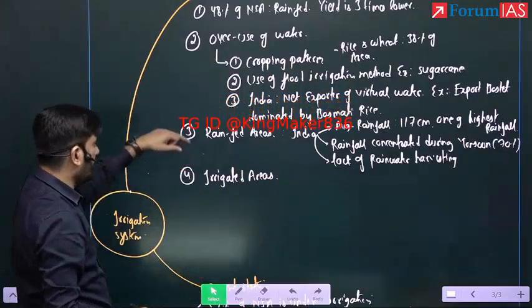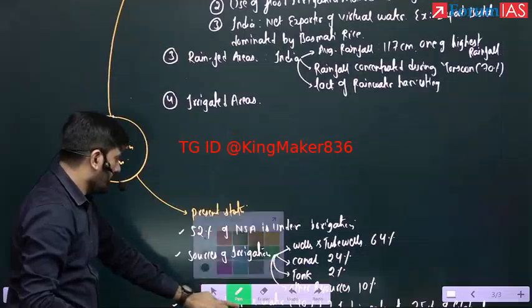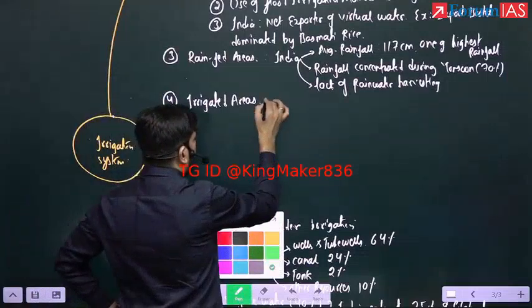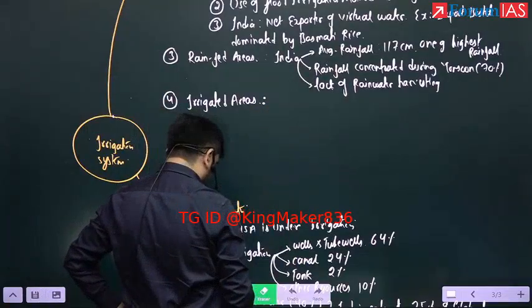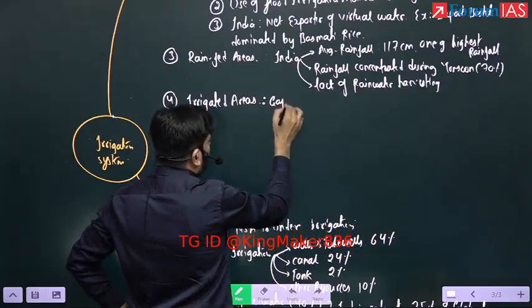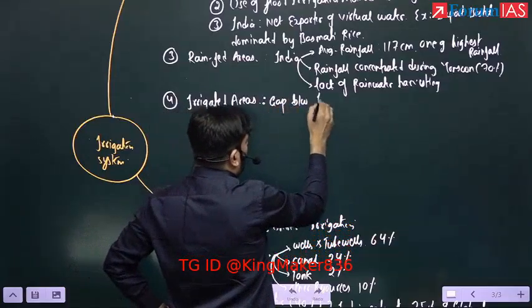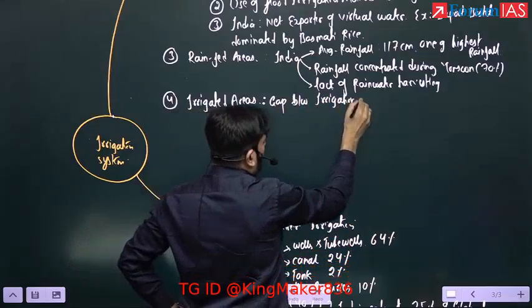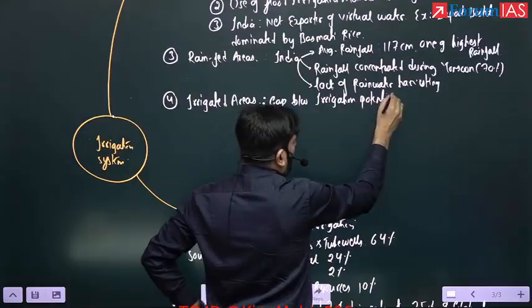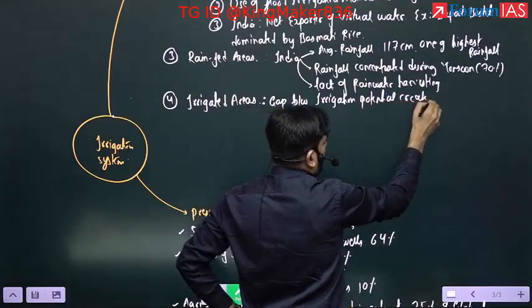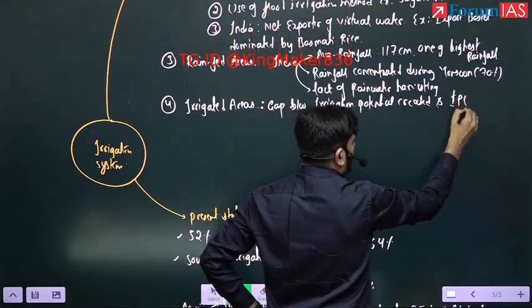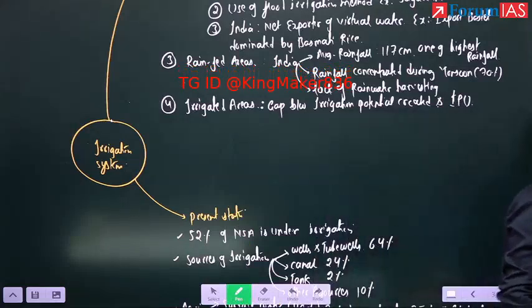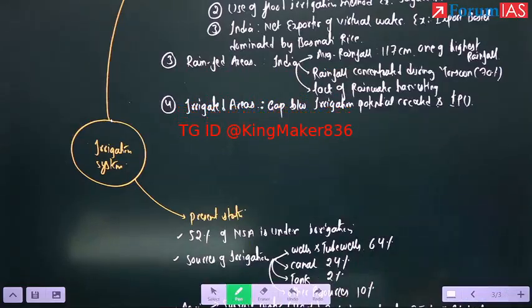Here the most important point in the irrigated areas is there is a huge gap between irrigation potential created and irrigation potential utilized. Write the full form. Gap between irrigation potential created and irrigation potential utilized.